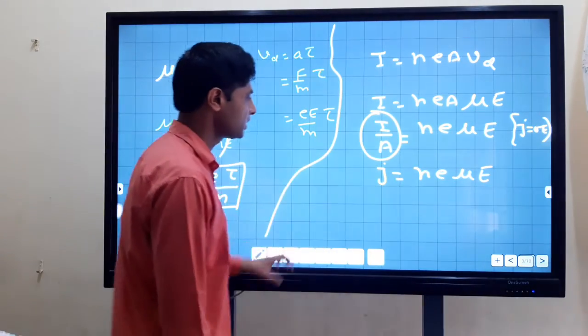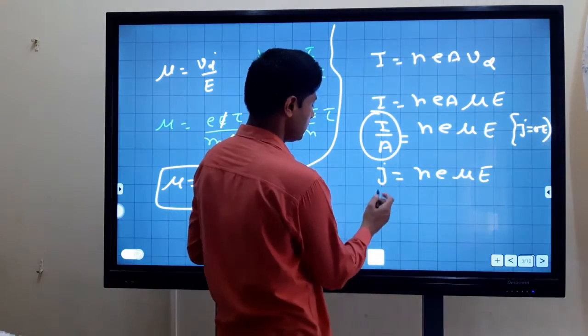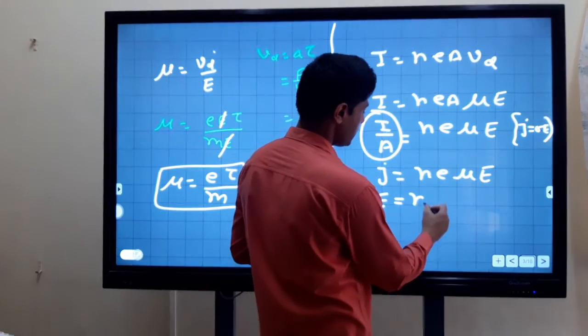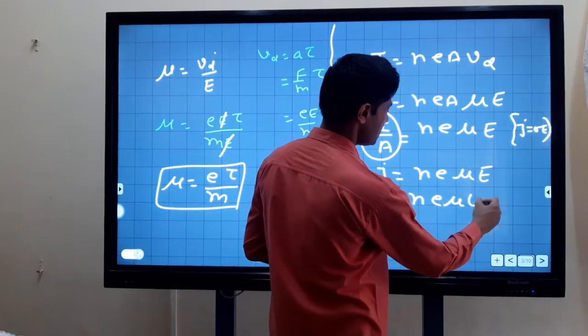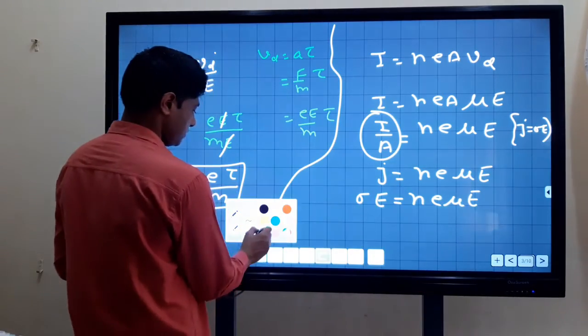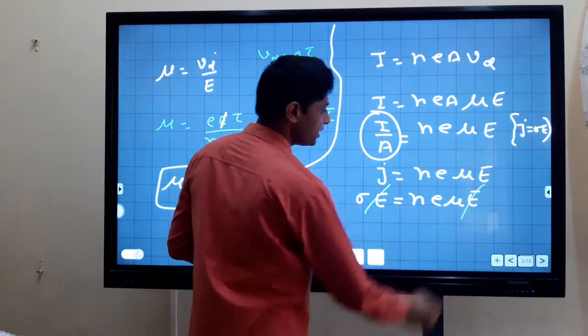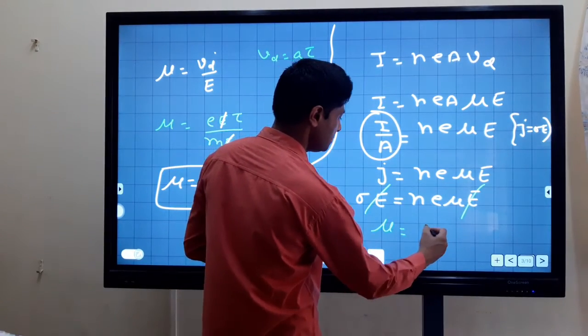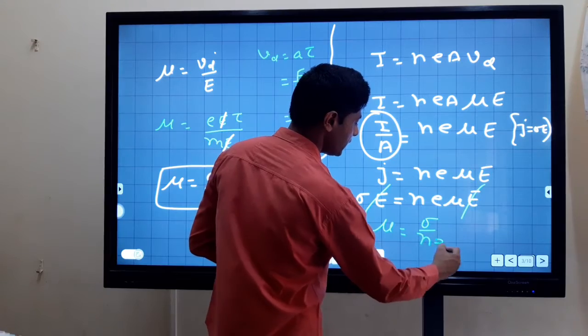So sigma E equals n e mu E, E cancels E, which means mu equals sigma upon n e.